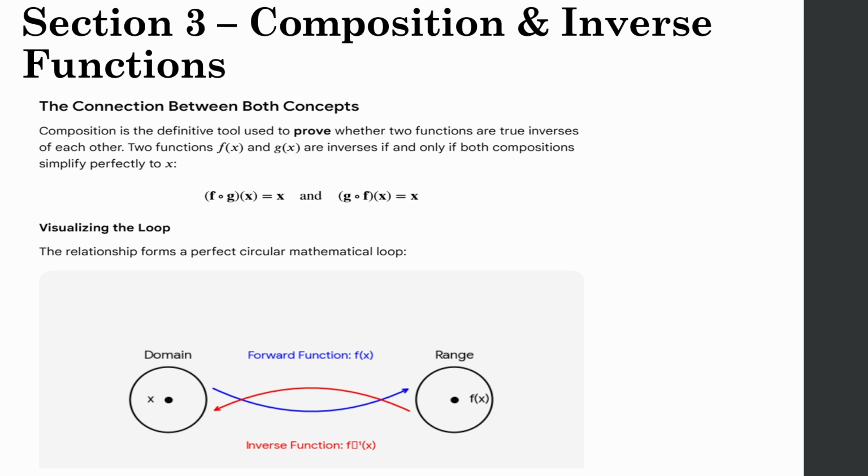That is, f of g of x equal to x and g of f of x equal to x. When you visualize this loop, the relationship forms a perfect circular mathematical loop. Please refer to the image below.